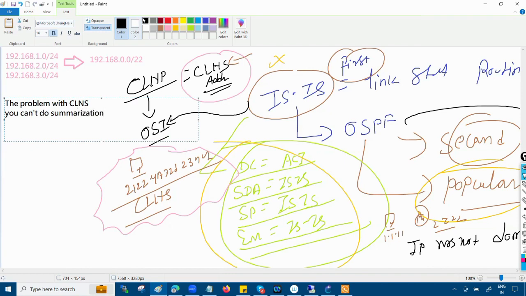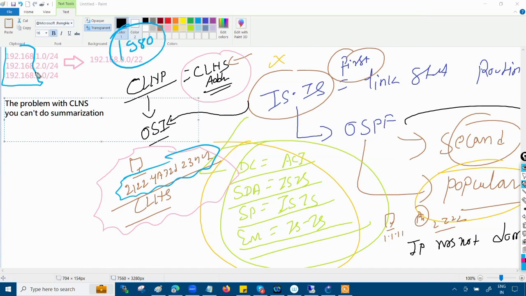Now imagine you have 20 hosts, just 20, forget millions right now. You are still in the 90s, 80s. Pay attention, you are still in the 90s, 80s. If I'm going to do summarization for CLNS, you cannot do that because the structure is totally different. To do summarization, your bits should match.